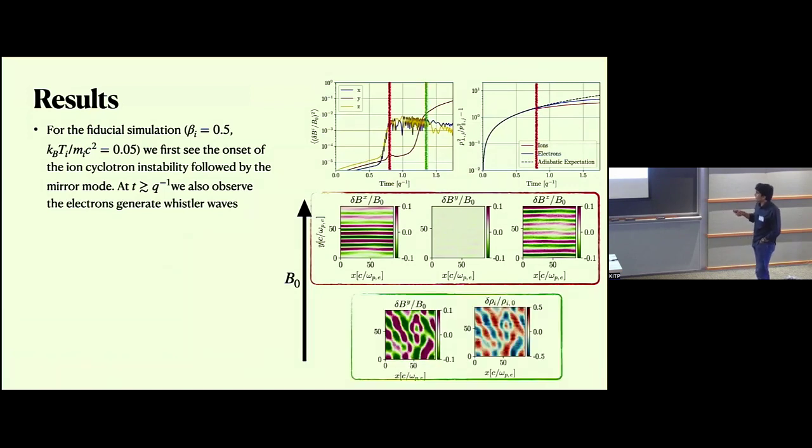Then you also see the mirror mode, which is explained by this anti-correlation in the magnetic field and the plasma density. You also see some whistler waves at later times when the electron anisotropy begins to diverge.